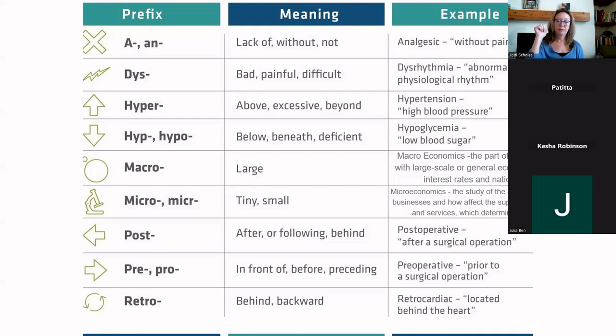Retro, if retroactive, I dressed in a retro outfit, from behind, from the past, from kind of backward. Retrocardiac, well, that would be behind the heart. That's a rough one. But retroactive, so it's already gone by, but we're going to make it retroactive, coming from behind.